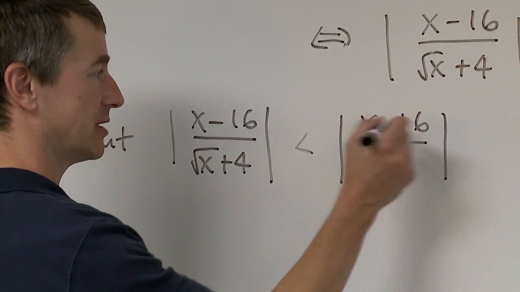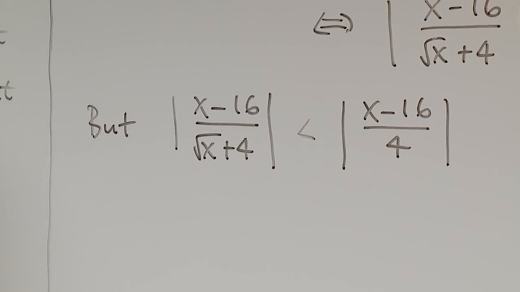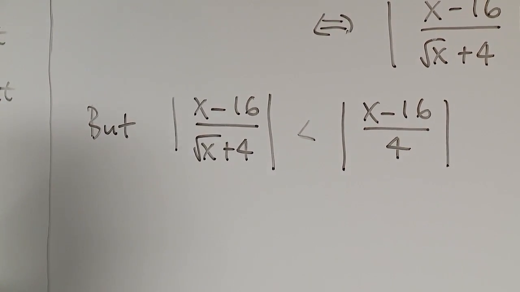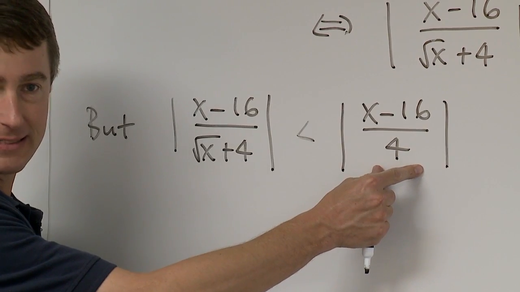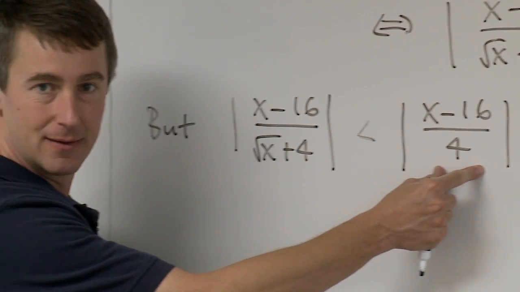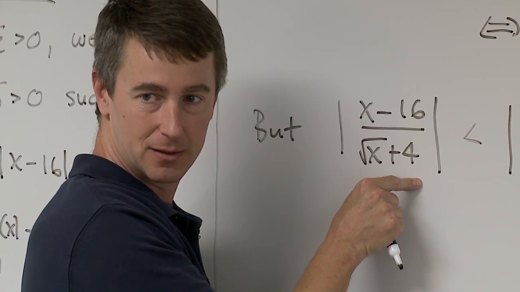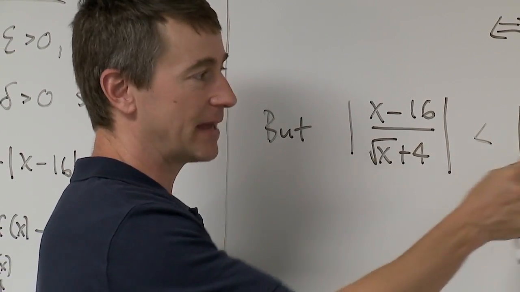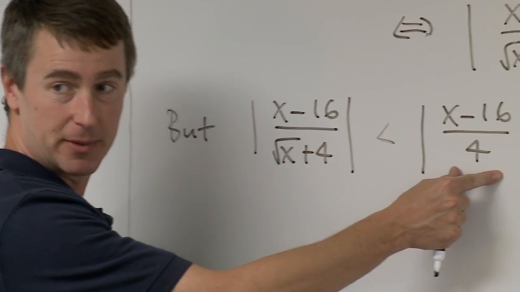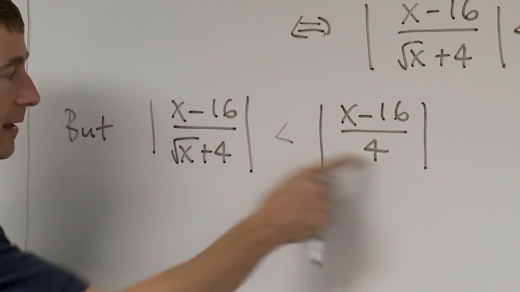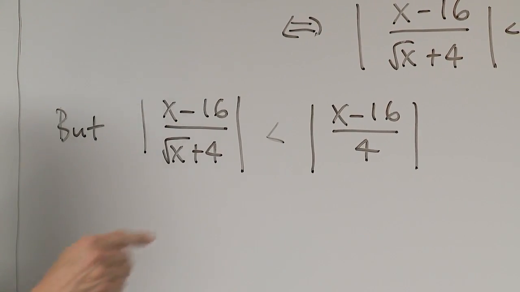So this fraction is the bigger one. So would you agree that if I can make this quantity less than epsilon, then this quantity will have to be less than epsilon as well? Yes, right? If I make this bigger thing, which I can easily manipulate, less than epsilon, then this smaller thing will also be less than epsilon.